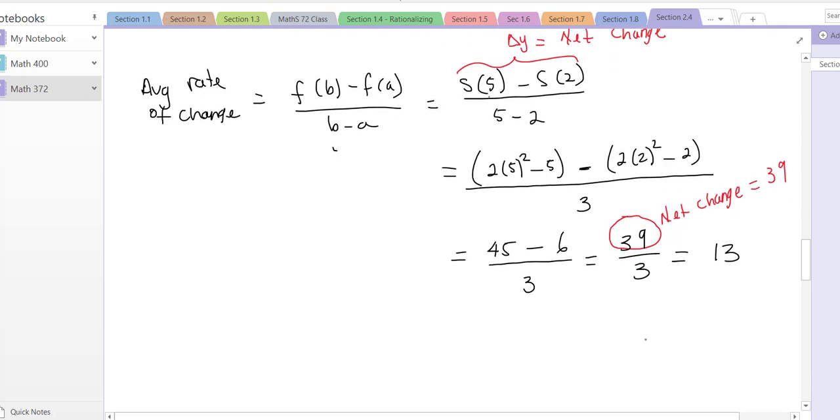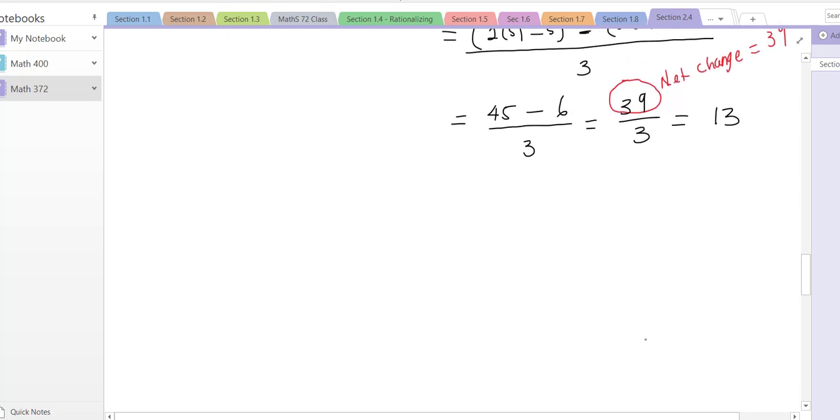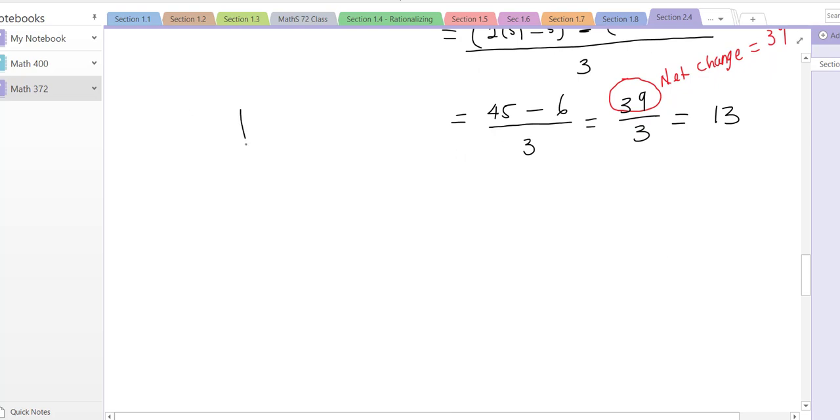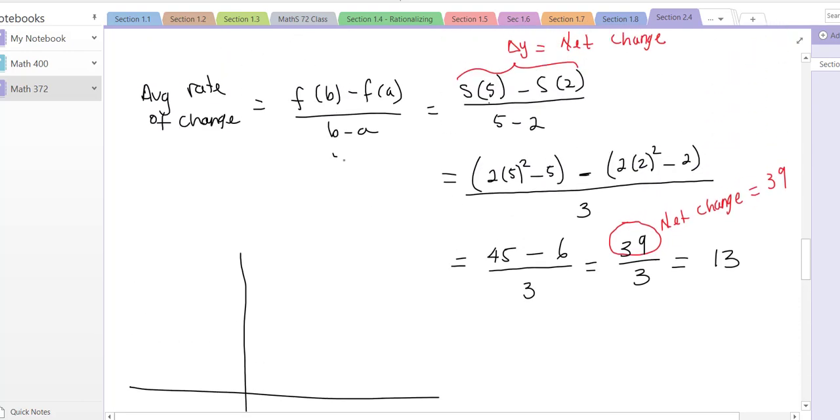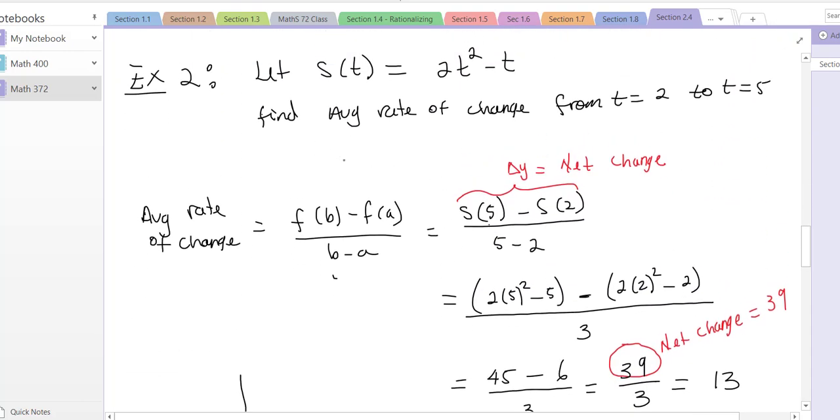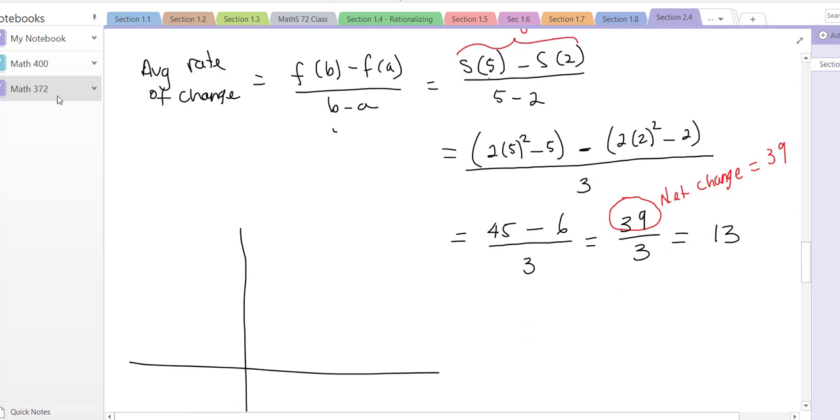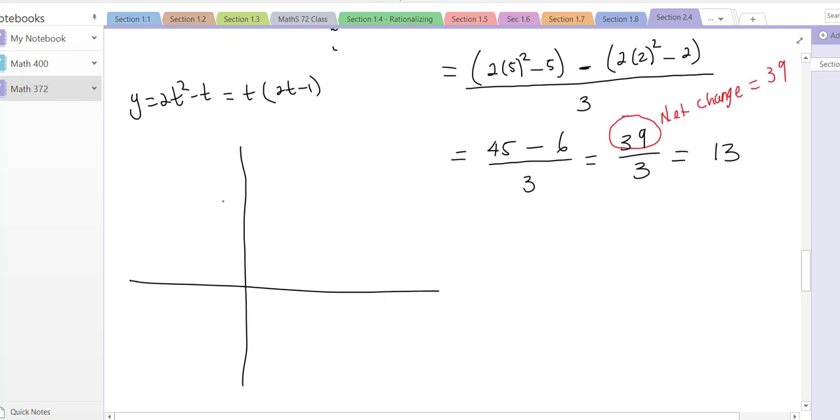Now graphically, what did we just find? And this graph is a parabola also. And let's see. Our function was 2t squared minus t. And I'm going to factor out a t, so I get t times 2t minus 1. So you could find the vertex. There's all kinds of ways that we can graph a parabola.